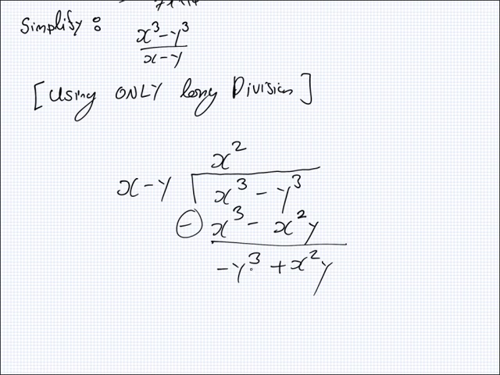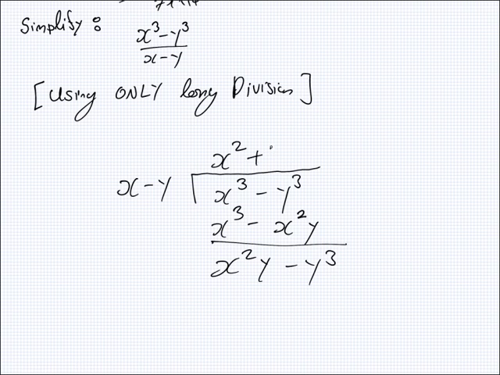Now, you'll make your life a lot easier if you write the answer instead like this: x squared y minus y cubed. After all, it's no different. A plus b and b plus a is the same thing. I've just swapped them. There's no difference. But doing it this way makes it very clear what the next multiplication should be.